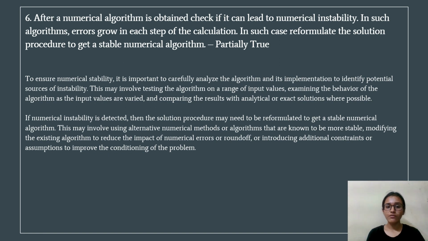This may involve using alternative numerical methods or algorithms that are known to be more stable, modifying the existing algorithm to reduce the impact of numerical errors or round-off, or introducing additional constraints or assumptions to improve the conditioning of the problem. So therefore, this is a partially true statement.